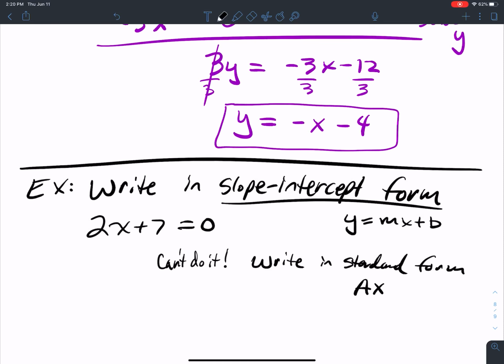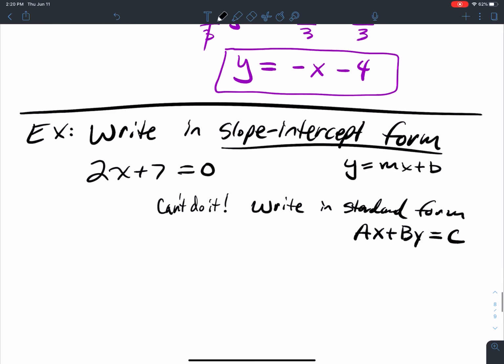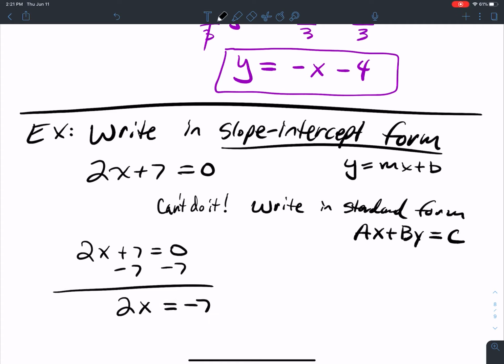Standard form is ax plus by equals c. So to do this, all we need to do is move the 7 over. So 2x plus 7 equals 0, minus 7 minus 7. I got 2x equals negative 7. So that's 2x, and then we don't have a y, so I can put 0y if I need to, equals negative 7.